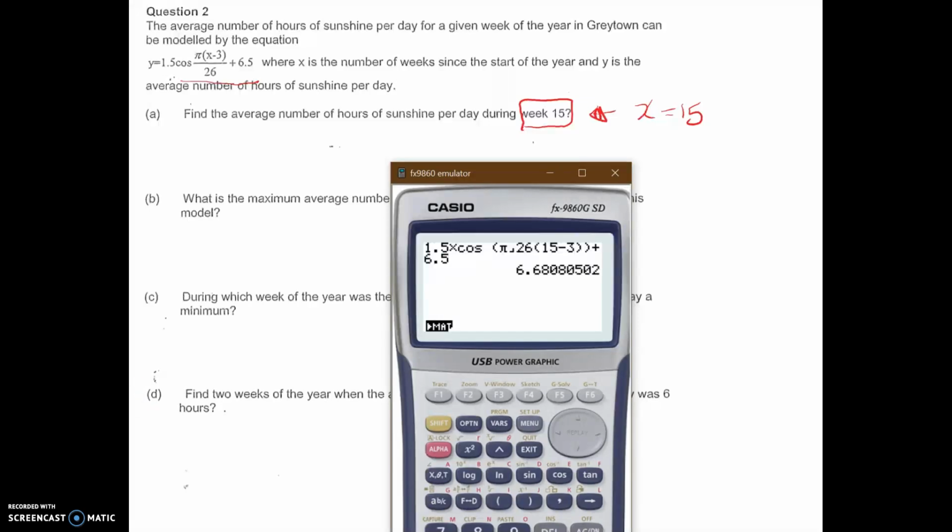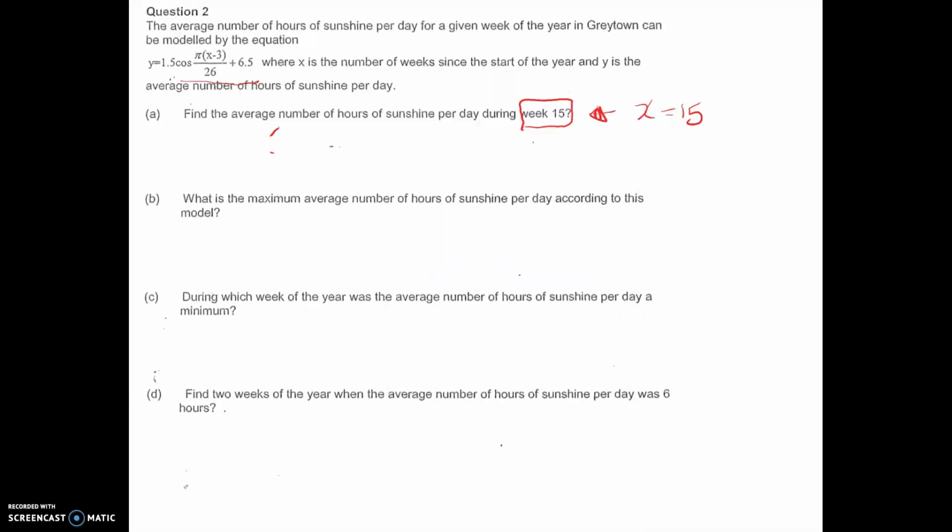Okay, and I end up getting an answer of 6.68. So the average number of hours of sunshine per day during week 15 was 6.68 hours.